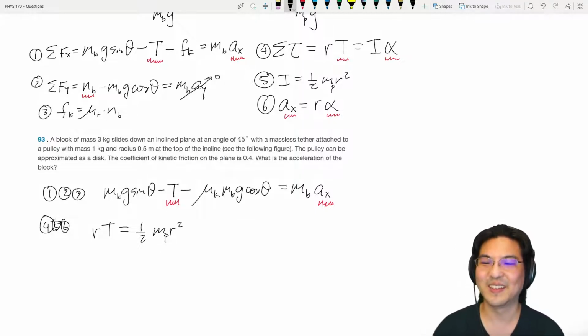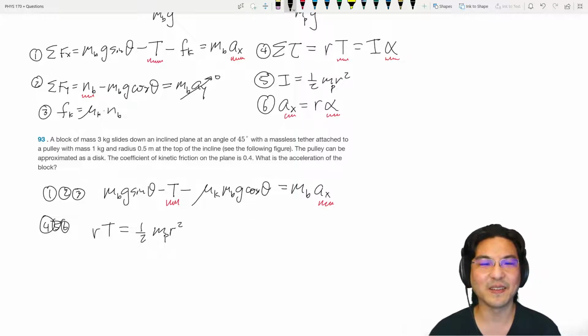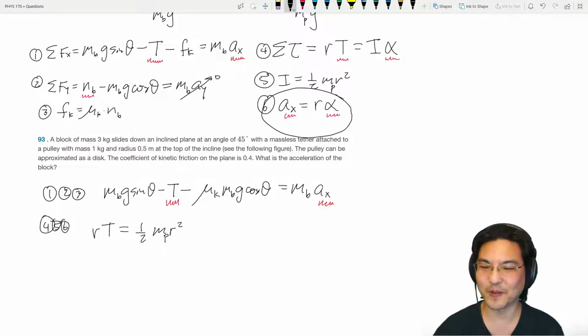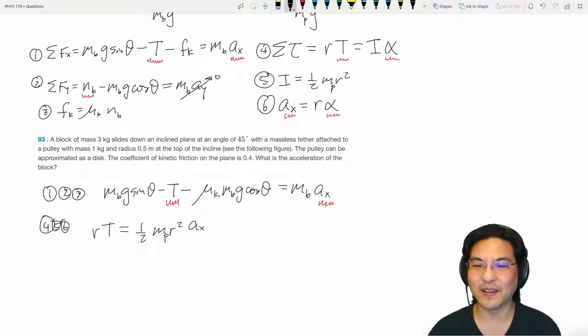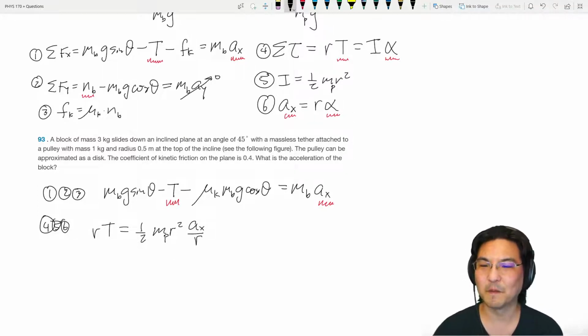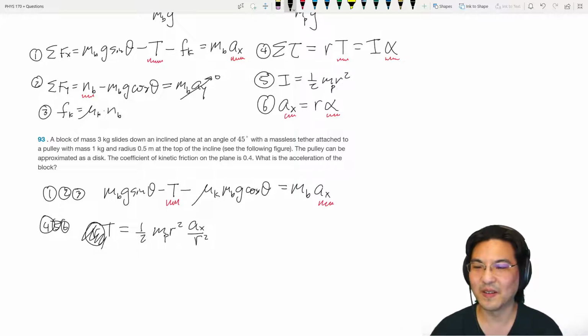Which mass? And then alpha, right here, is ax over r. Already things cancel. You see this r can go here. And then look, r squared, r squared.